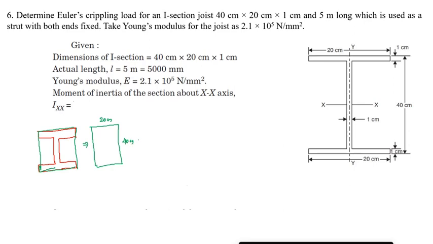And from that, if I deduct these two, that is, the other two rectangles, their moment of inertia, I will be getting the effective moment of inertia of the rectangular section, right?